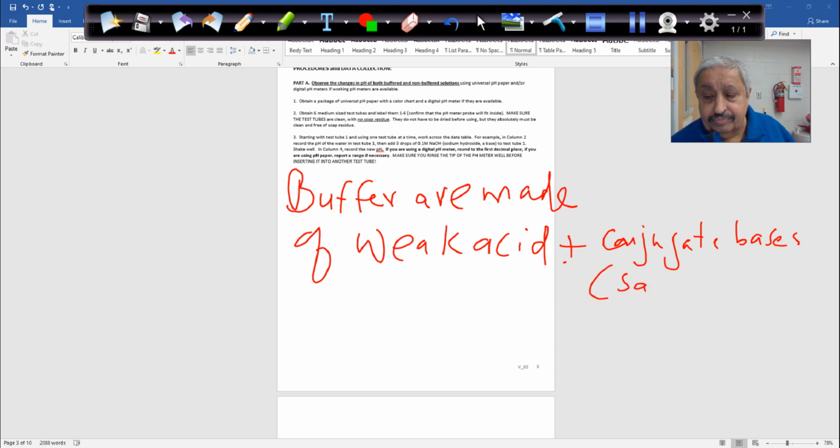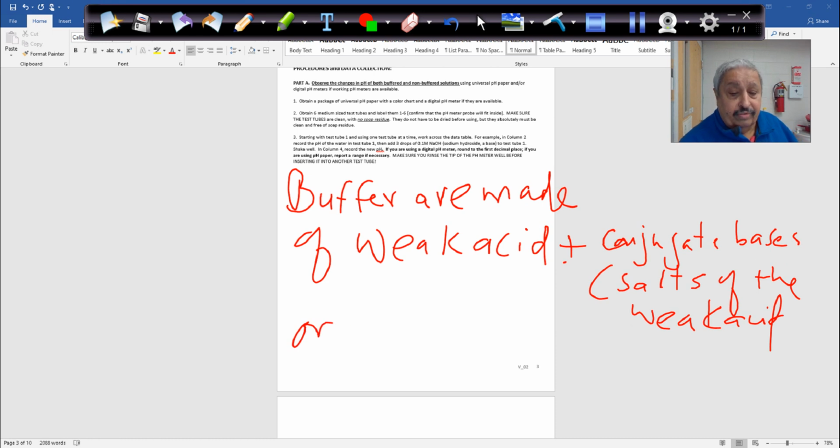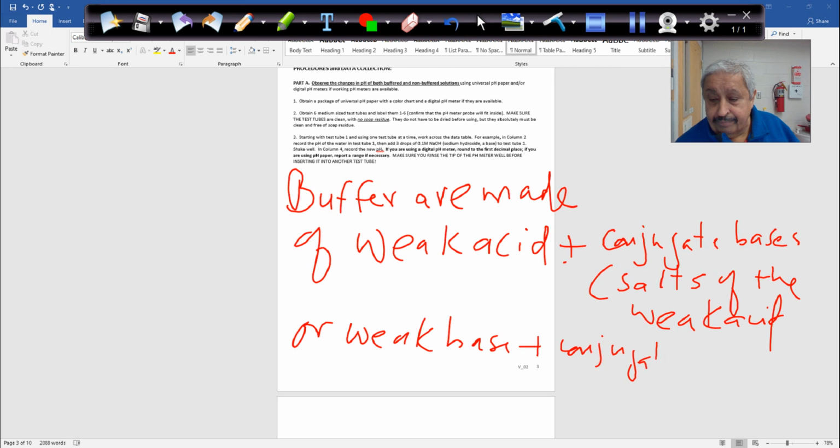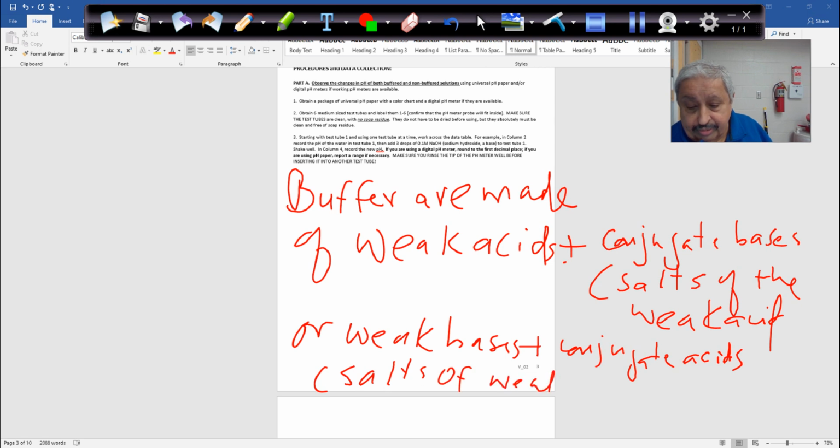This is the salts of the weak acid. Or they are made of weak base with their conjugate acids. Weak bases, acids here, correct? And those are salts of the weak bases.